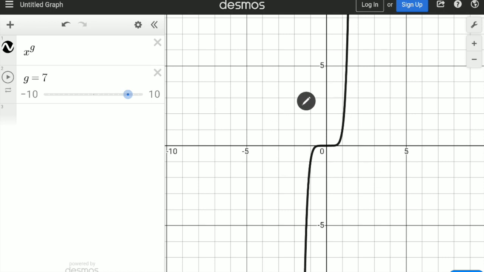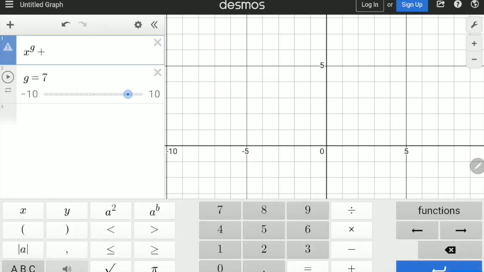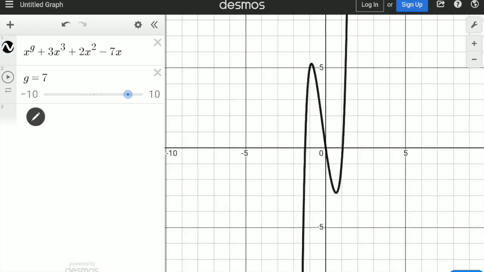Depending on the complexity of the equation, something different might happen in the middle. For example, if I add a bunch of crazy things in the middle, like plus 3x to the third, that might not actually do anything, plus 2x squared minus 7x. You can see that a bunch of crazy things is happening in the middle. But that doesn't change. This is still a 7th degree polynomial because g is still 7.